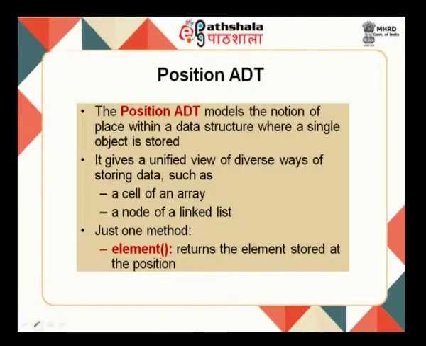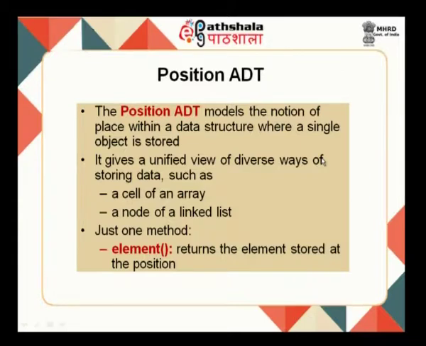It is not that. The list ADT's implementation has to be decided based on what operations that list ADT supports and what operations will be used most commonly. All implementations will support them, that is not an issue at all. But then what is most frequently done? Based on that I have to select the implementation. Now, the position ADT models the notion of a place within the data structure where a single object is stored.